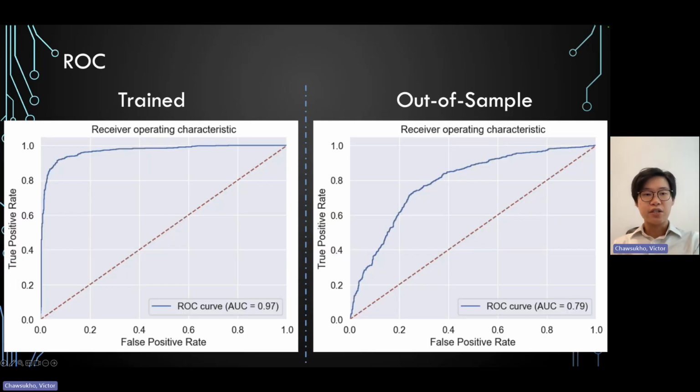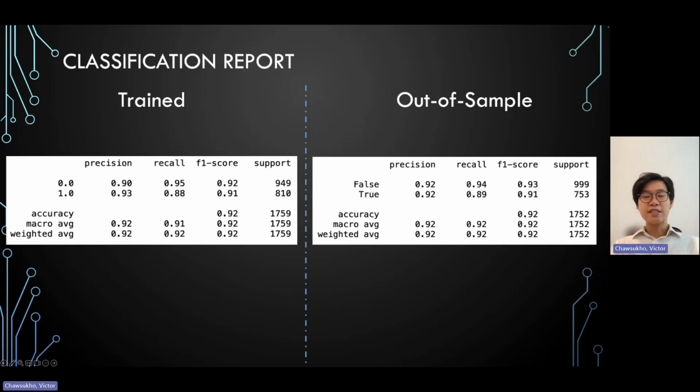For the ROC curve, as mentioned, the train set is quite steep and the area is pretty high, close to one, while the new data sets reach just about 0.79. But still, this is a very good result. For the classification report, the F1 score, precision and recall are pretty consistent and still provide good performance.